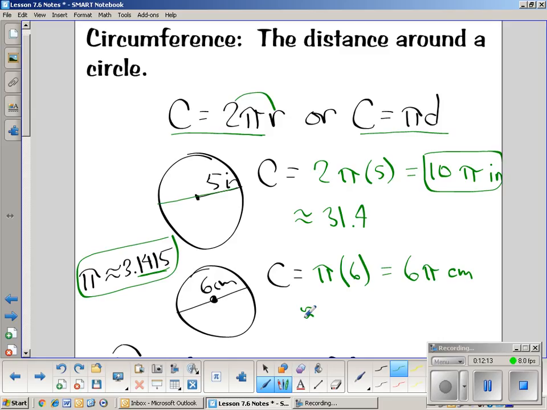What am I going to get? 19 point what? 18.84. So if I round to the tenths place, I'll say 18.8. Oops, I forgot to finish putting my unit up here. If they say leave it in terms of pi, or the exact value, I'd use 6 pi. If they say round to the tenths place, I get 18.8 centimeters. All right.